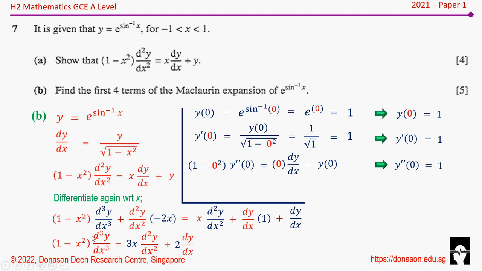Now what about y'''(0)? We need to make use of this differential that we did just now. So once again, (1 minus 0 squared) y'''(0), which is on the left side, is equal to 3 times, we know the value of x is 0. So of course the second derivative's coefficient is going to become 0. We don't need to bother about this. This would be a 0. So 3 times 0.